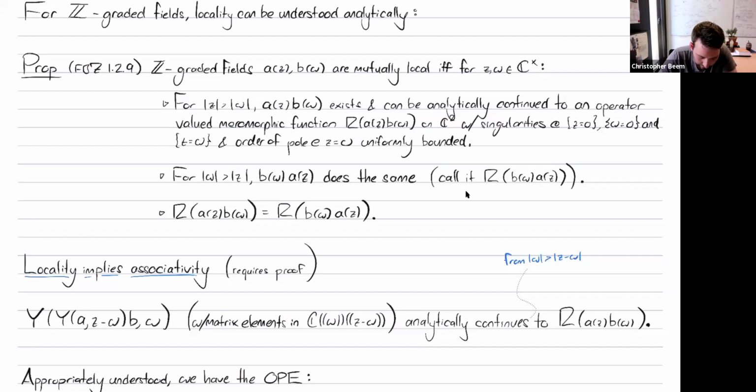And moreover, the order of the pole at Z equals W is uniformly bounded. So acting on a given element in your space of states, you only get so many negative powers of Z minus W.